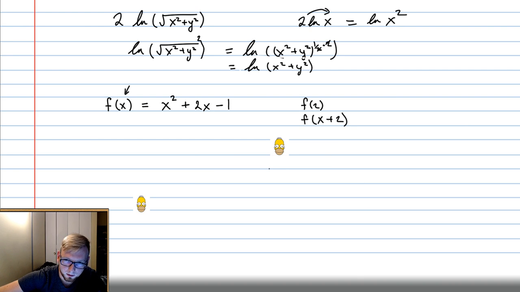Homer Simpson is going to be our variable. So, I can literally plug him in. And it makes no difference whatsoever. This is f of Homer Simpson. Doesn't matter. So it's going to be Homer Simpson squared.